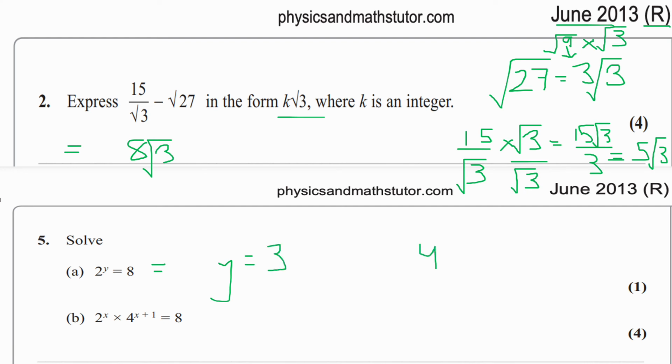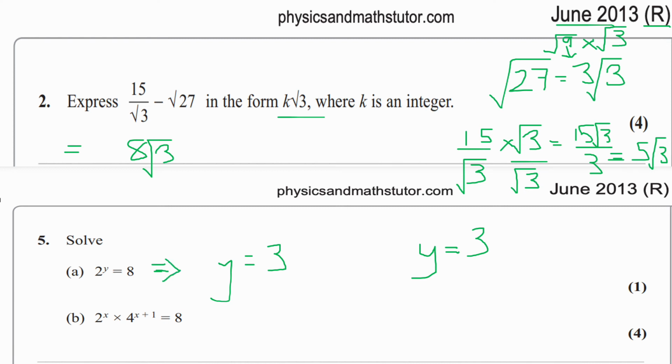Now if you weren't sure how to solve this, I know I've not actually covered this yet, but you would use the rules of logs to solve that equation. You would take logs of both sides, bring the y down, and then y is equal to log 8 divided by log 2.